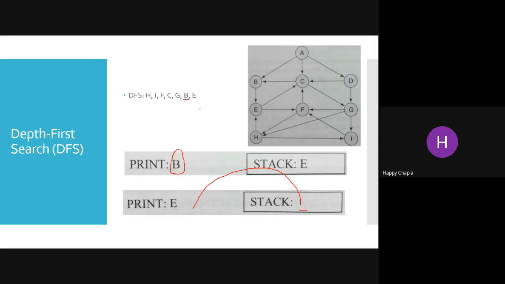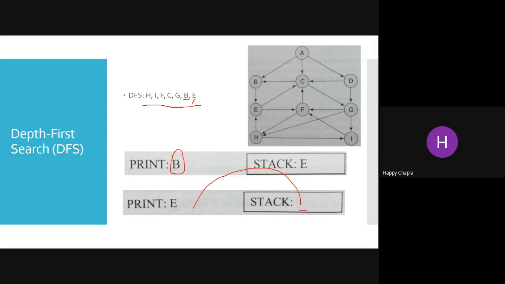So the list is something like H, I, then F, then C, then G, G to B, and B to E.